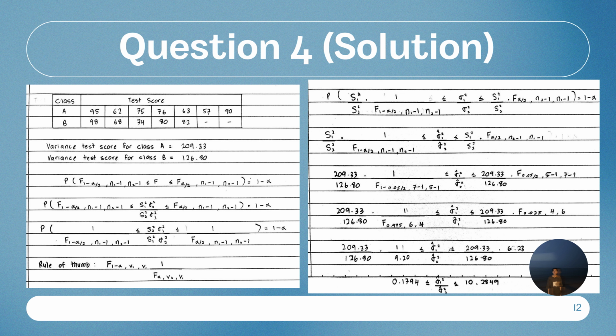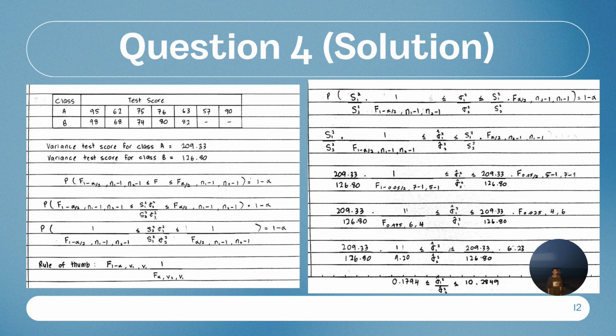As you can see, at line 5 of constructing this formula, I added a hat on sigma squared 1 and sigma squared 2, which means that will be the simplest form of constructing this formula. After you get the simplest form, you just need to insert the value of s squared 1, s squared 2, alpha, n1, and n2.